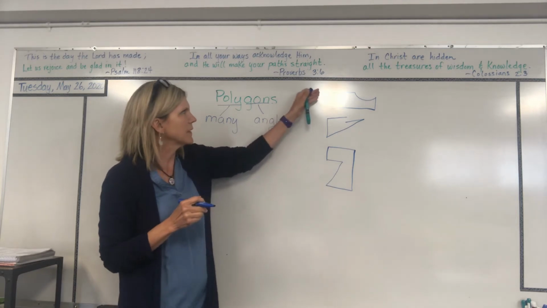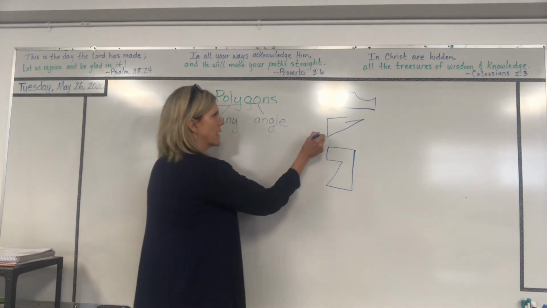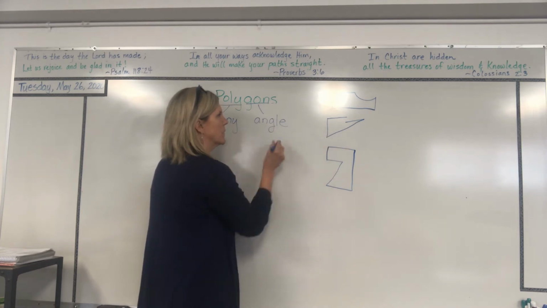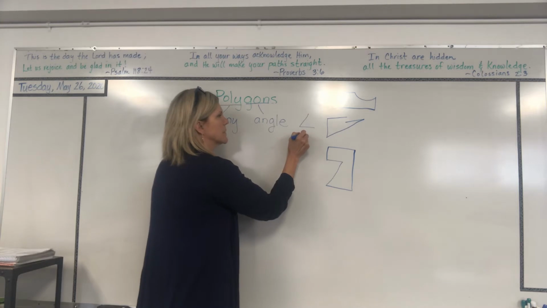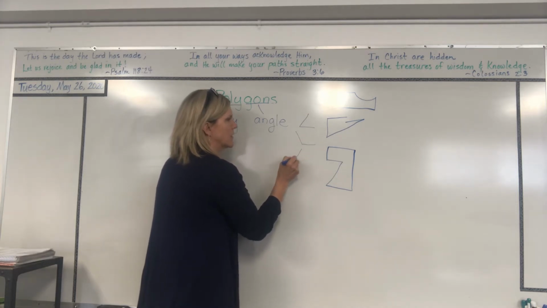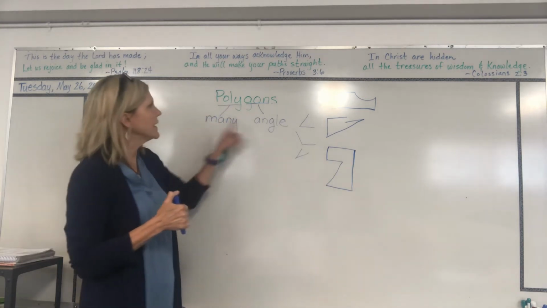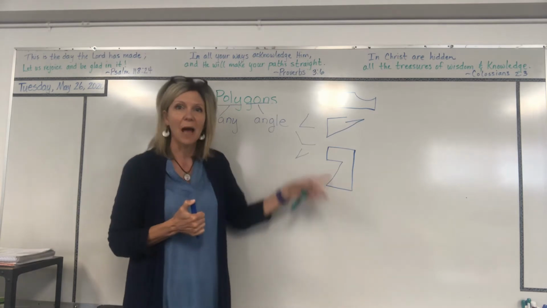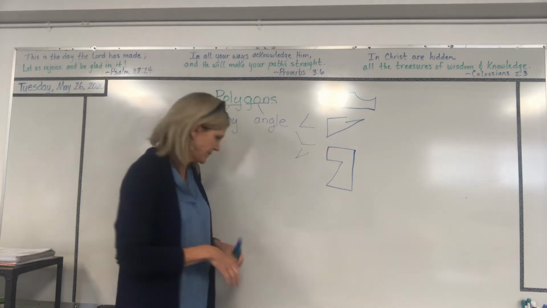We have many angles up here on these drawings. They all have angles. Like right here is an angle. Here's an angle. Just something that looks like this. Or it can look bigger, like that. Or it can look smaller. You can have really skinny angles. Those are angles. Okay, so many angles, that's what a polygon is. However, I have my first question for you.